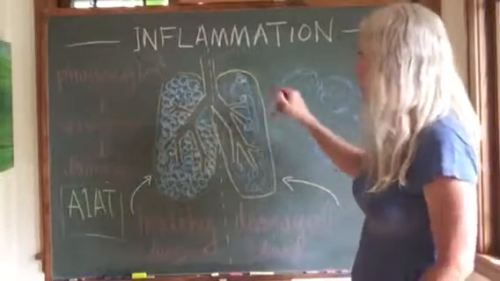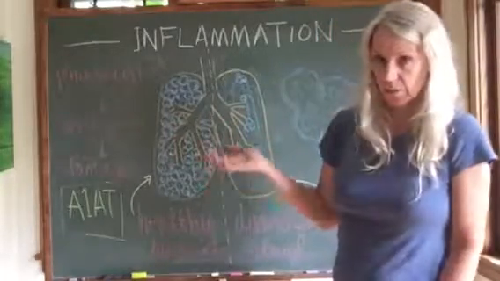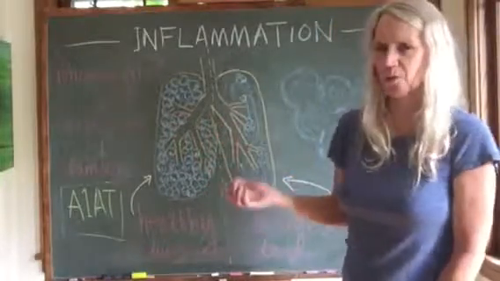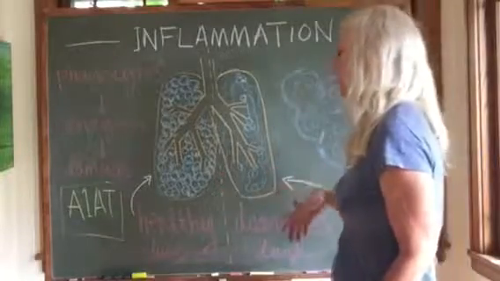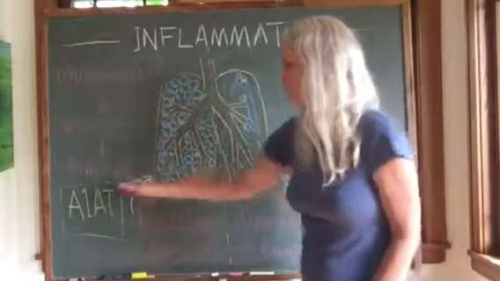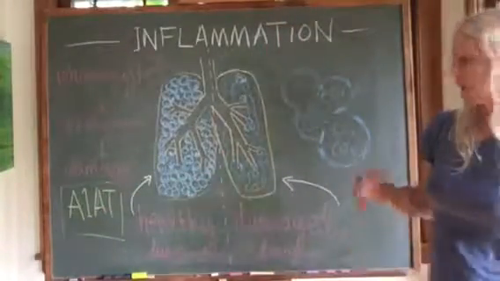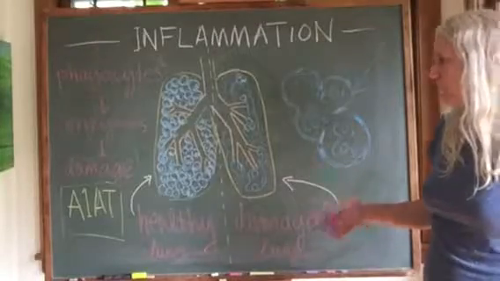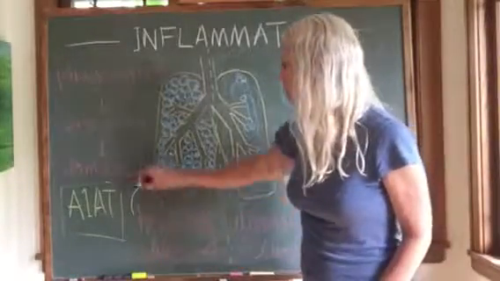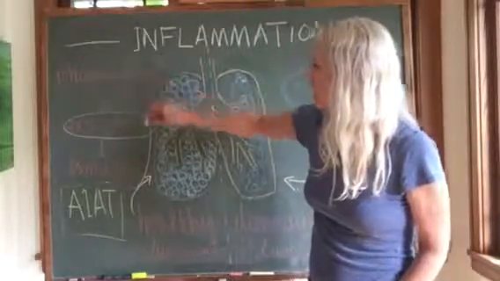And then there's another component to all of this. Sometimes we inherit genes, well, not sometimes, every time an organism is created, we're getting genes from our parents, and some of us inherit a gene called A1AT, which is alpha-1 antitrypsin, and that gene can make you more susceptible to the damaging effects of these enzymes that are a result of phagocytosis.